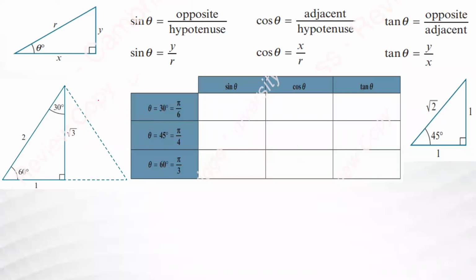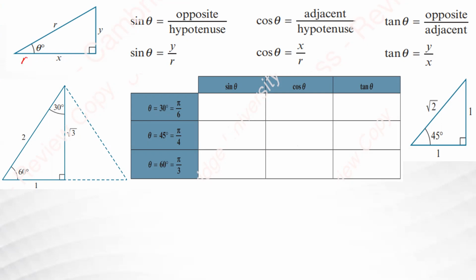Before finding the values of sine, cos and tan, you must know from a right angle triangle what sine of the angle theta equals, what cos theta equals, or what tan theta equals. As you can see, here we have a right angle triangle and the angle theta is given.